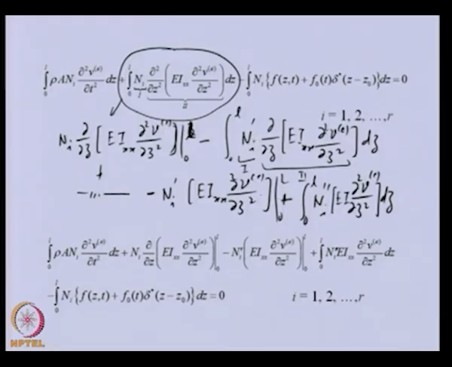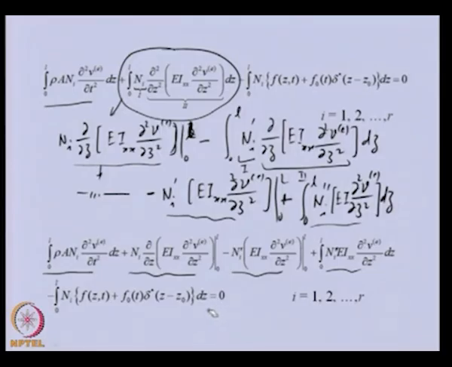If you see, finally you will get this. So, this expression will be as it is, there is no change. This first term is this term, and this particular term is this, and this integration is this one, and these four terms are unchanged and equal to 0.